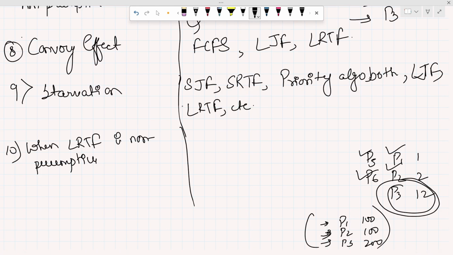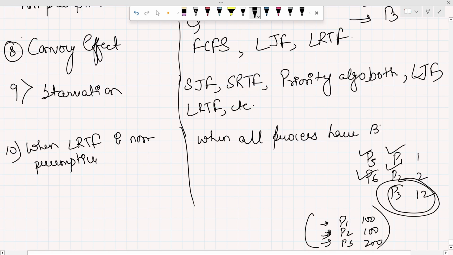It is not a practical approach, not a real life example, but it can behave in a non-preemptive way when all the processes have a burst time of one. This is a situation where LRTF behaves in a non-preemptive way.